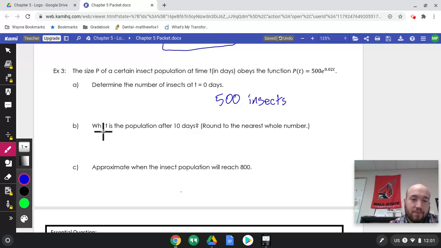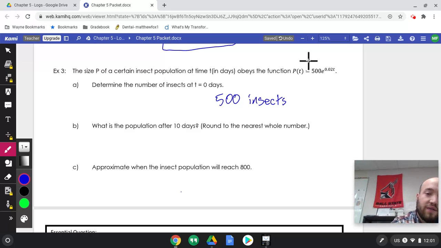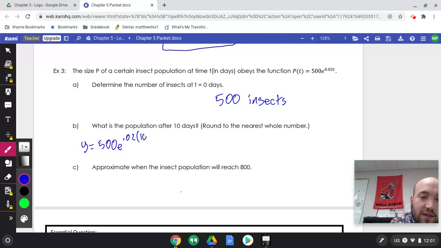Now, what's the population after 10 days? And this tells us to round to the nearest whole number. Okay, so if that's the case, we would have 500 times e to the 0.02, and we'll times that by 10. How many days have passed?